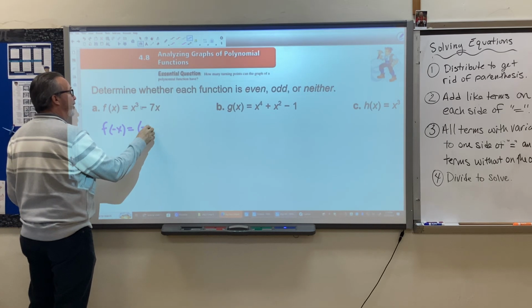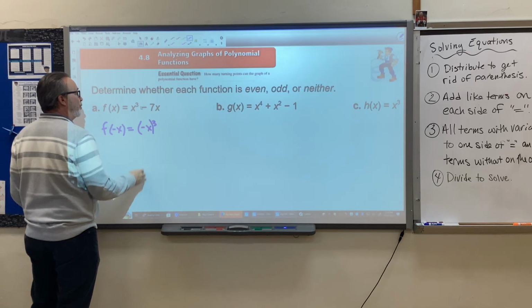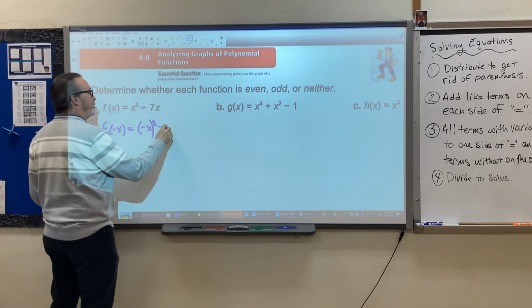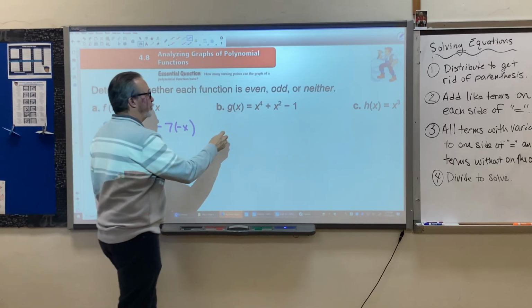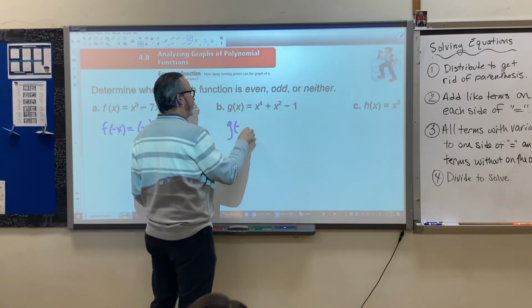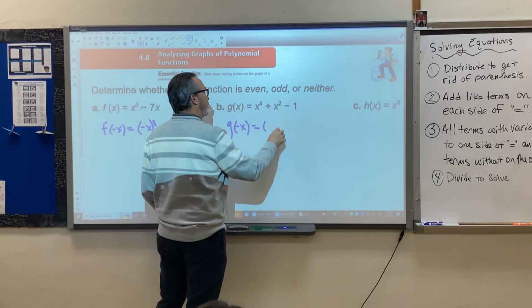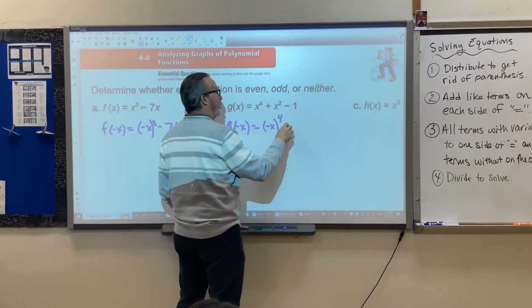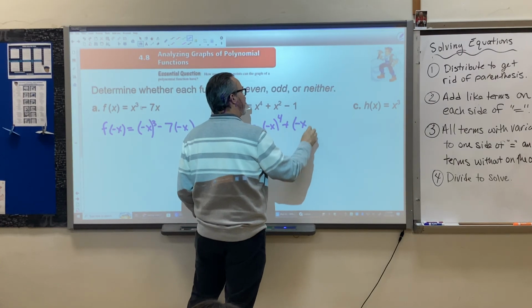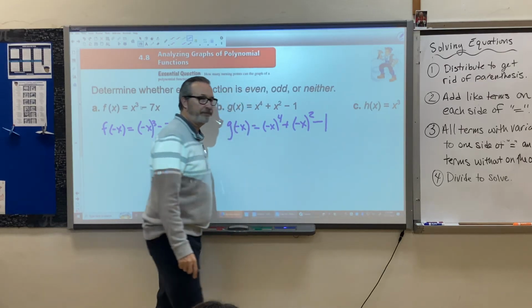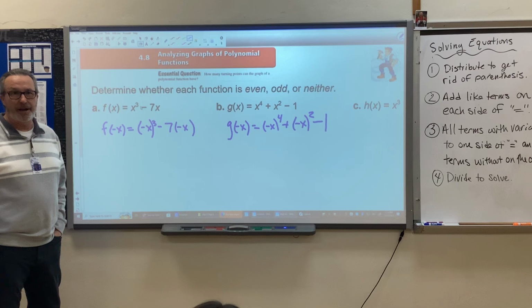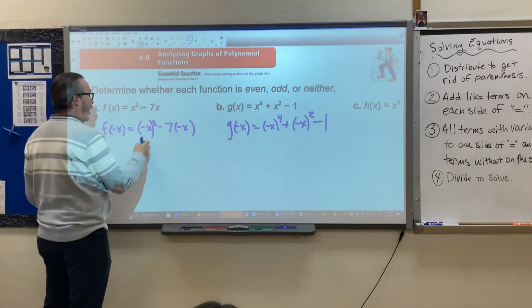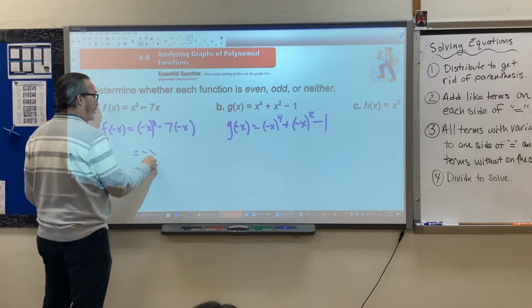That's -x cubed, oops, -7 times -x. You replace all the x's in the problem, so if you're trying to find g of -x, it's -x to the 4th plus -x squared minus 1. Okay? And then you simplify. If you have a -x to an odd power, the negative just comes in front.